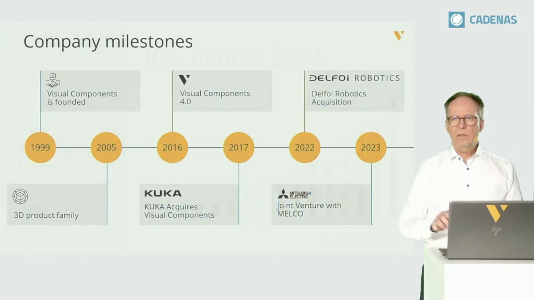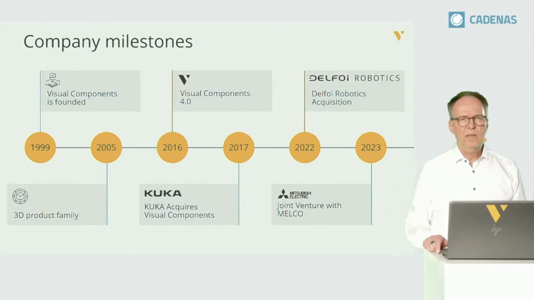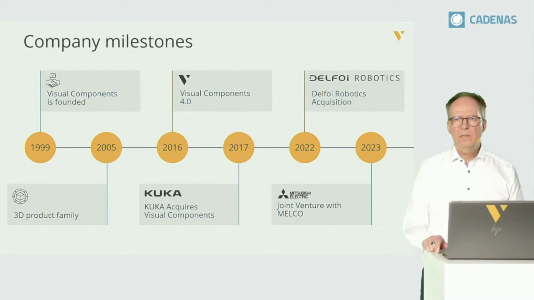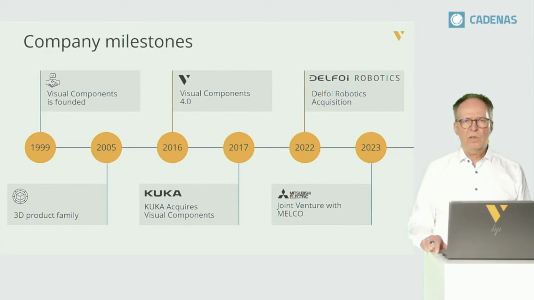I want to cover some milestones that we had in the past. As I said, we were founded in 1999, and 2005 was another milestone because we built our first solution fully created in 3D, so our customers can fully work in a 3D environment.